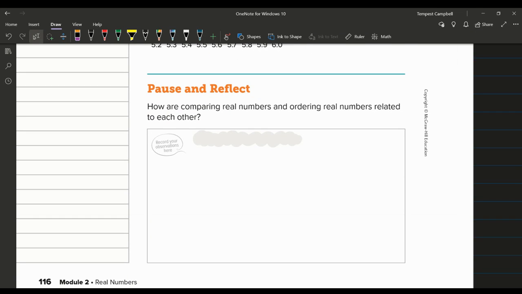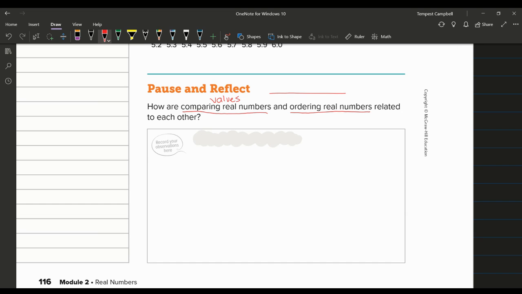How are comparing real numbers and ordering real numbers related to each other? Think about that. How are they related? Comparing and ordering. In order to compare, we have to order them because we're comparing their values.